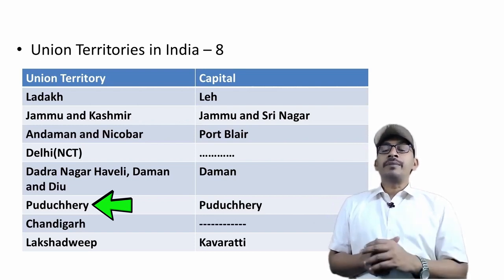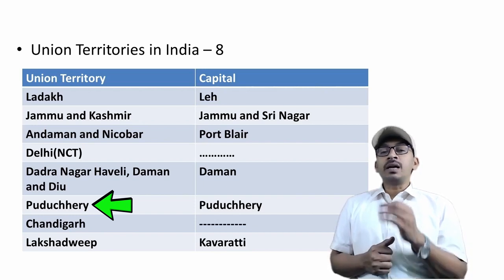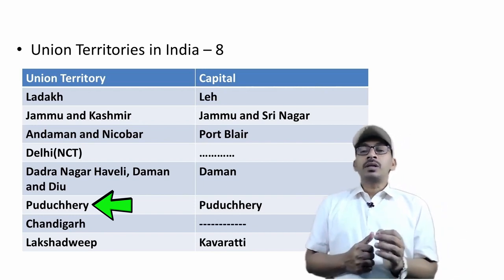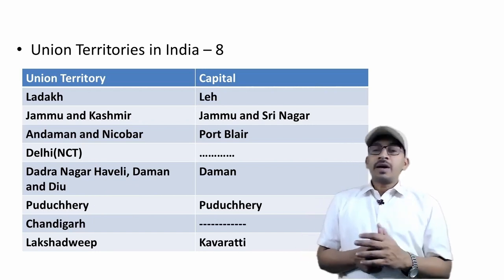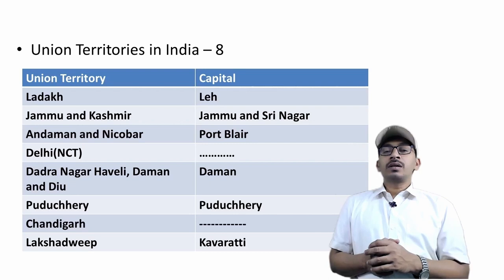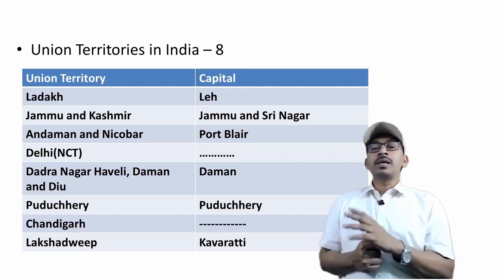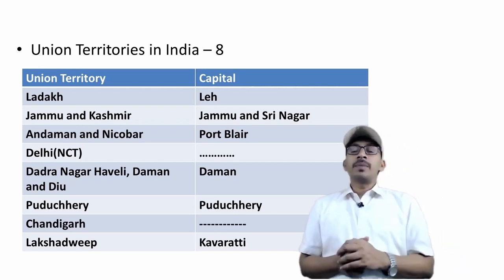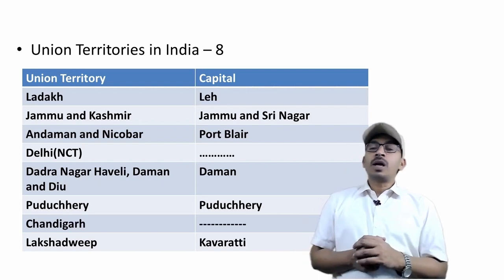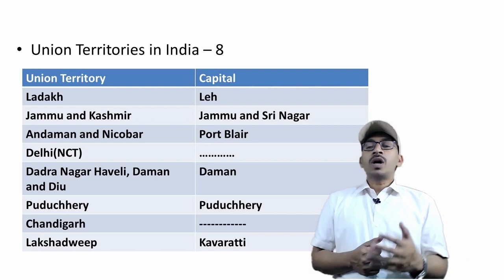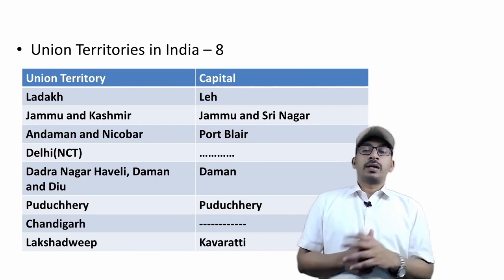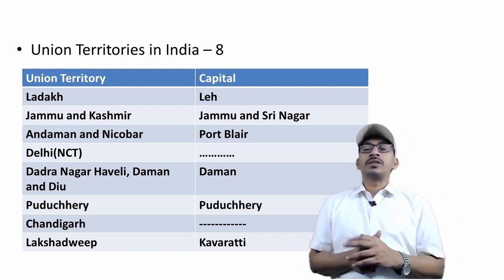Pondicherry and Delhi are the two union territories with assembly as of March 2023. Indian government is also planning to establish assembly and political stability in Jammu and Kashmir and Ladakh also. Now coming to last two union territories, Andaman Nicobar and Lakshadweep.